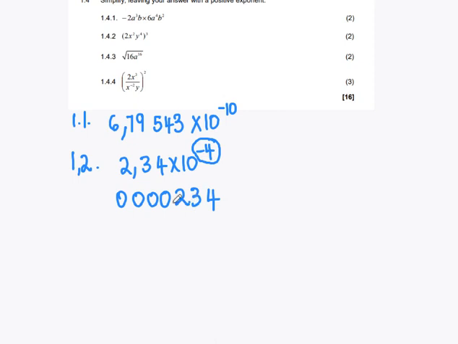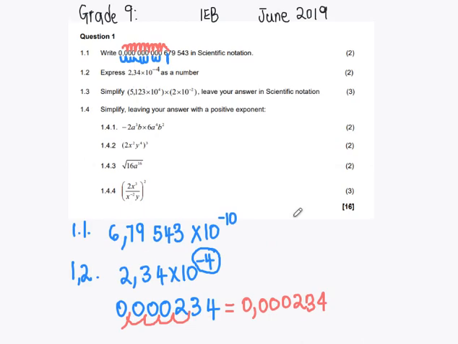The decimal was here after the 2, so it now moves 1, 2, 3, 4. So it moved 4 decimal places. So the answer for this one is 0.0000234. So that's the answer for 1.2.